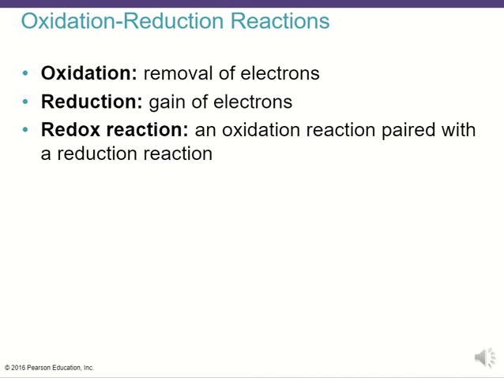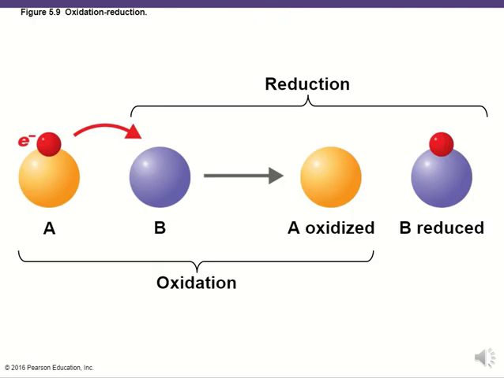In order to occur, oxidation and reduction must occur at the same time, which is why they're overall called a redox reaction, where an oxidation reaction is paired with a reduction reaction, where electrons are removed during the oxidation reaction and added back in during the reduction reaction from one substance to another. So, one substance that has an electron is oxidized by transferring it to another substance, and the substance that gains the electron is what is reduced.